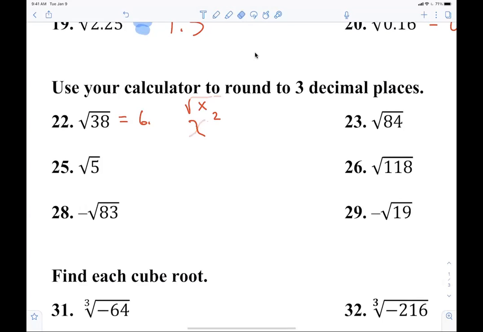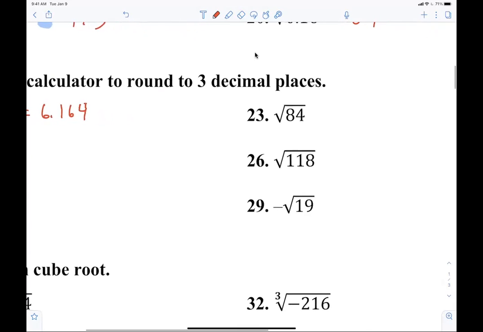So now I'm back to Max. 6 point what, Max? The 3 decimal places. I have 6.164. Anybody else get 6.164? Yeah. All right, Mr. Ward. Square root of 84.